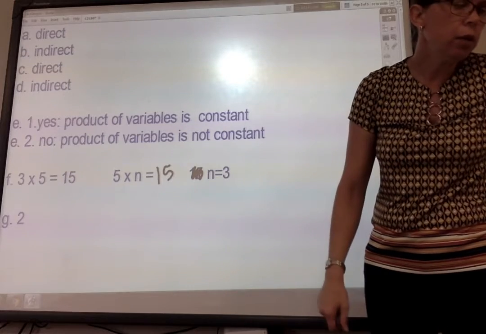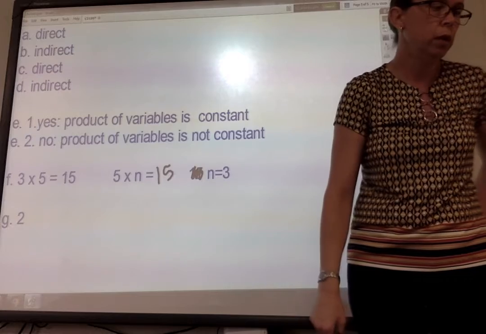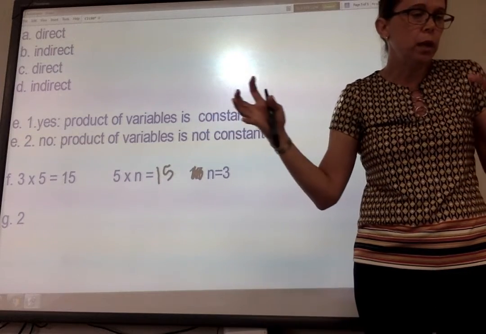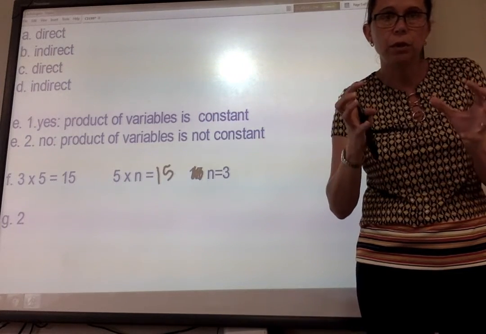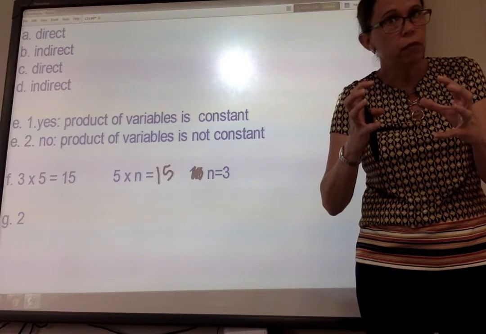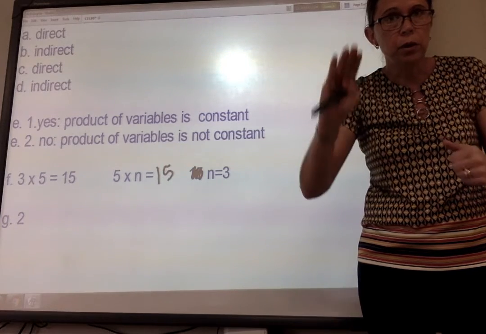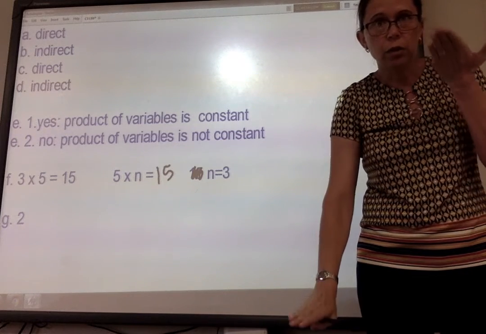G, the volume of air in a balloon and the air pressure in the balloon are inversely proportional. If the balloon is squeezed to half its original volume, so I've reduced the size, and it's an inverse relationship, what have I done to the pressure? If I'm reducing the size, it's going to increase the pressure.